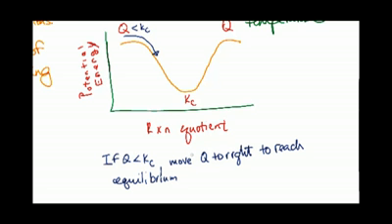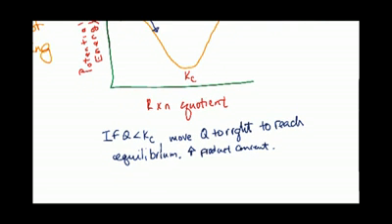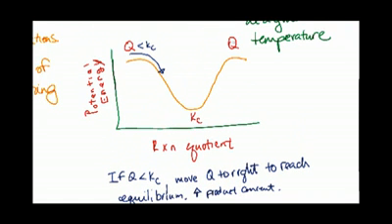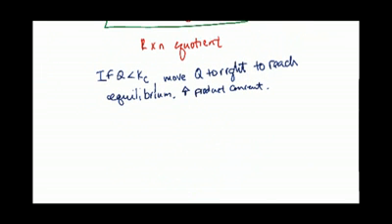Okay, so in other words, Q would need to be greater, and we would need to increase product concentration. Alright, and then if Q is greater than Kc as it is over here, we need to go back down and to the left to achieve equilibrium.